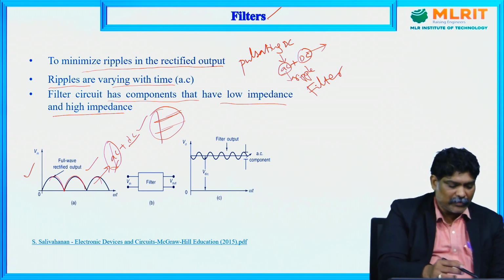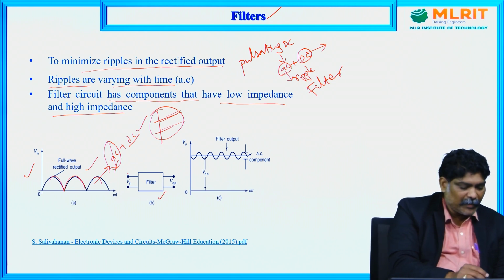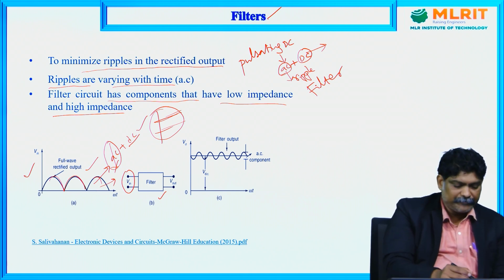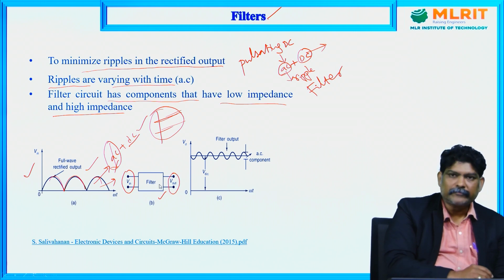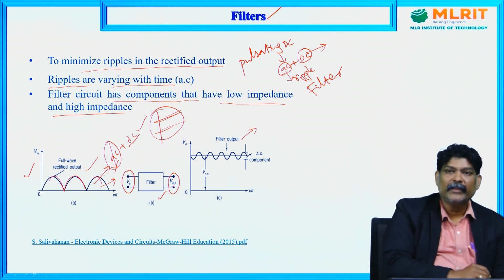If you observe the block diagram of any filter, here is the filter, and here we are applying the input voltage, that is the rectified output from a full wave rectifier or bridge rectifier, and this is the output. The output will be observed across the filter.